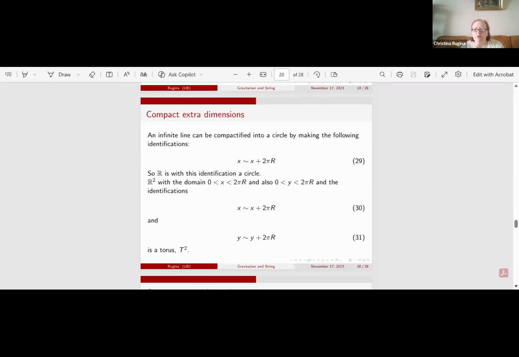Okay, compact extra dimension. An infinite line can be compactified into a circle by making the following identifications. Okay, so this is how you compactify a line. You roll it like that around a circle, and you get the torus.